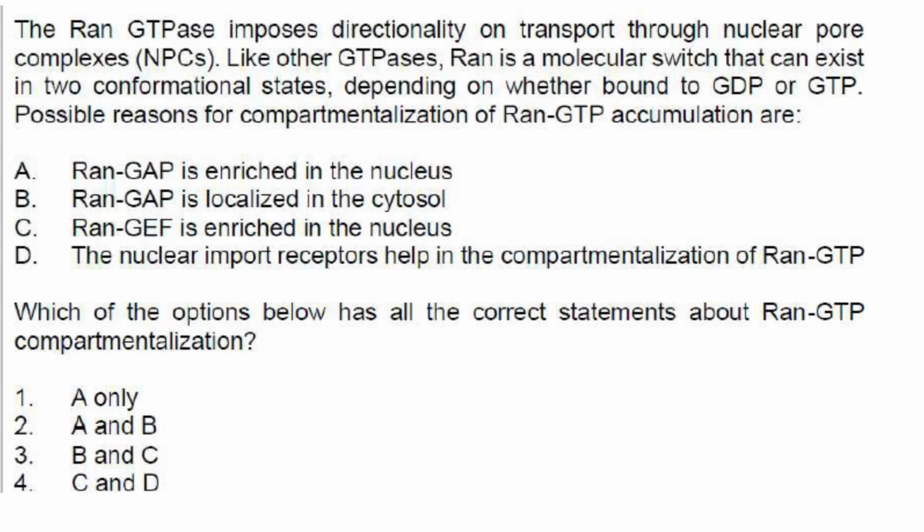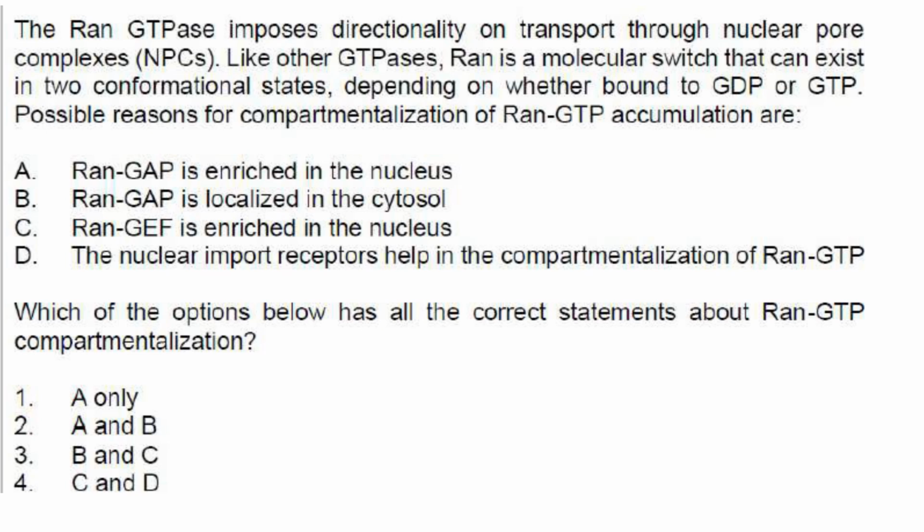Then next one. The RAN GTPase imposes directionality on transport through nuclear pore complexes. Like other GTPases, RAN is a molecular switch that can exist in two conformational states depending on whether bound to GDP or GTP. So there is RAN GDP as well as RAN GTP.